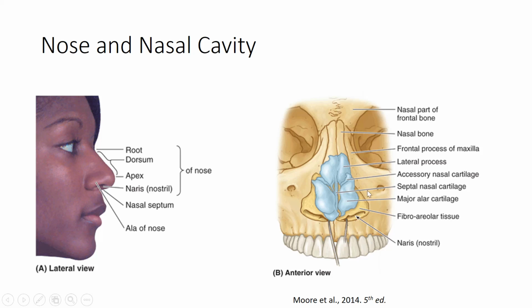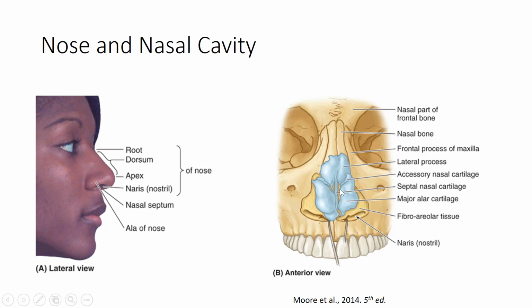Two of them are the lateral cartilages, and then we have 2 alar cartilages that we can see here, and one is the septal cartilage, which is this one.